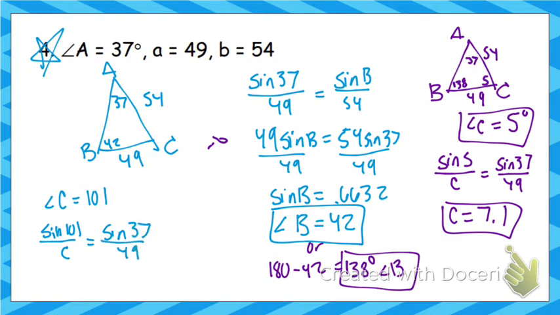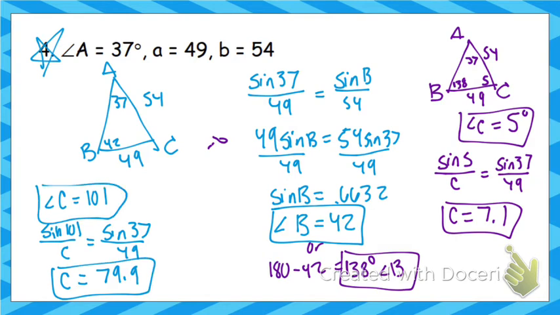So again, I'm going to cross multiply and divide. So sine 101 times 49 divided by sine 37. Side C is 79.9. So everything in blue is possibility number 1. Everything in purple is possibility number 2.